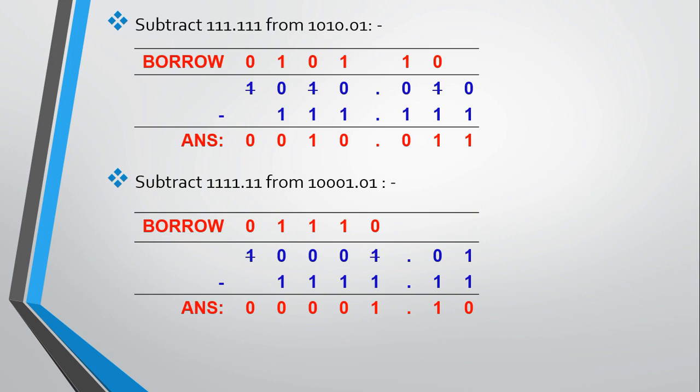So this is all about our today's session. In our next session we will continue with the first topic of unit number 3, that is binary multiplication and division, but that lecture you will get only if you properly understand how to perform binary addition and binary subtraction.